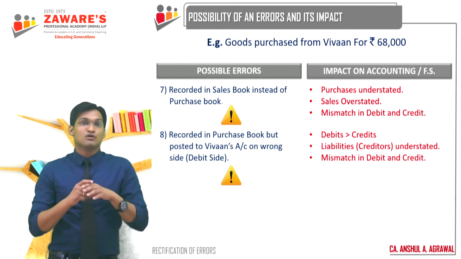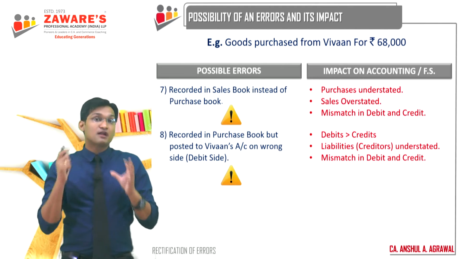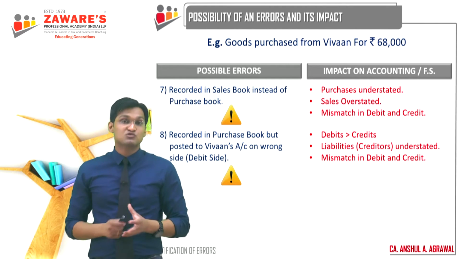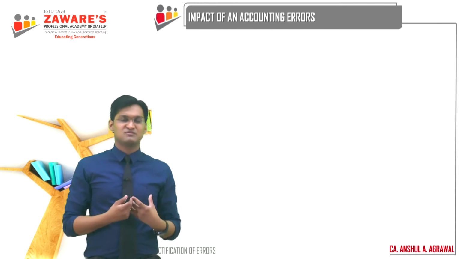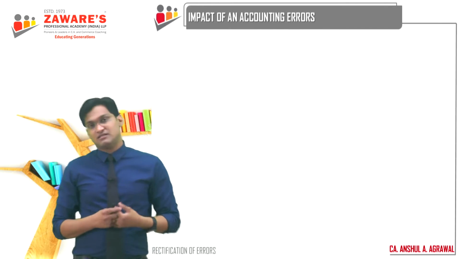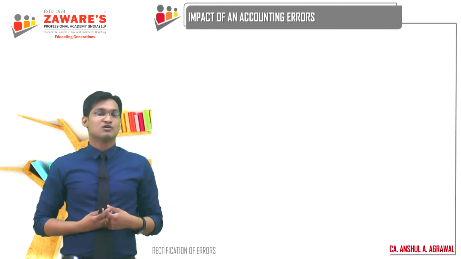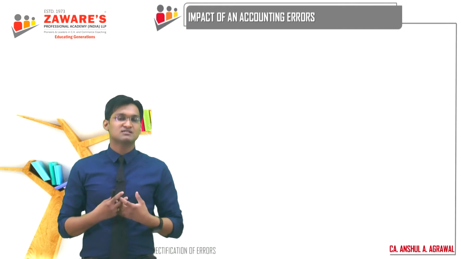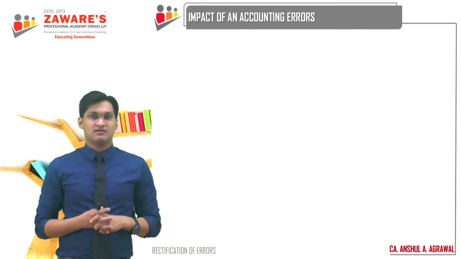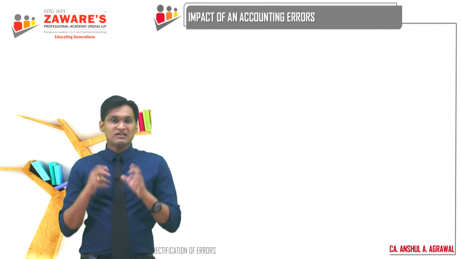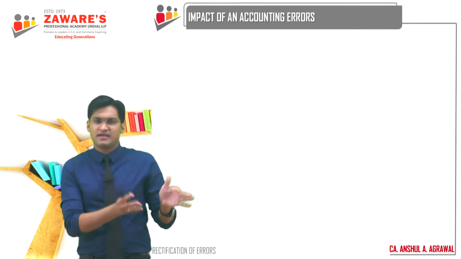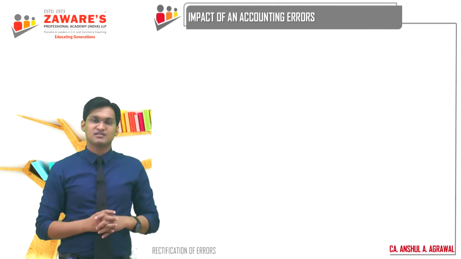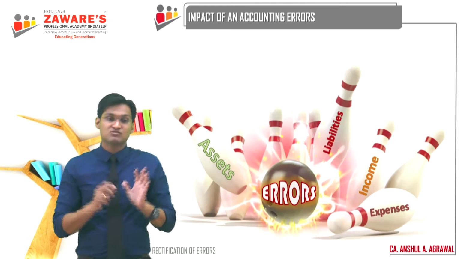Correct? So, when a particular transaction can get exposed to so many types of errors and still there are a lot of effects to be seen ahead. So my dear friends, it's very important for us to be very cautious and deal with all the errors properly. Now what is the impact of error? We have just seen some examples over here with one particular transaction. So what is an impact of an error?